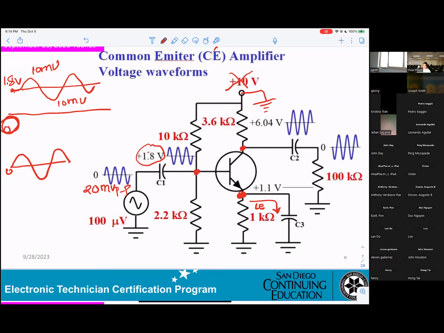It does not go to the 1 kilo ohm. You don't need that for AC. So bypass means bypassing the 1 kilo ohm.